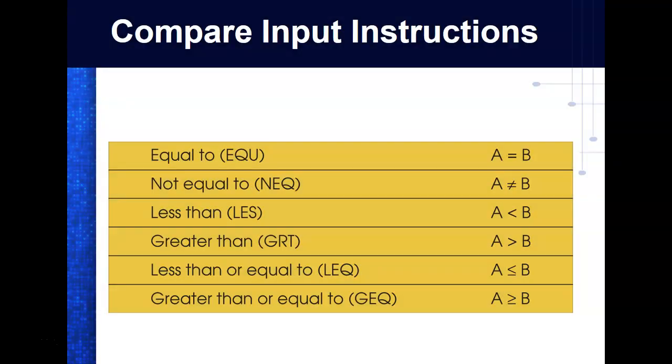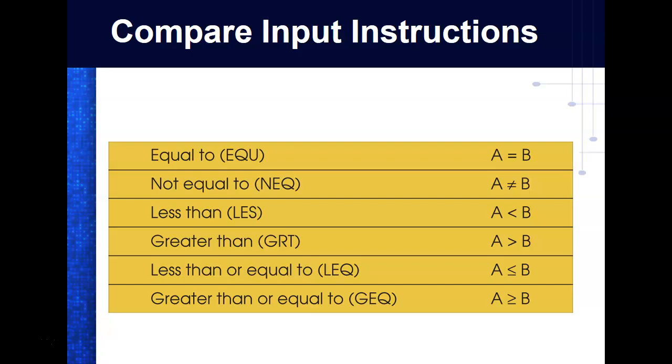So here we go, guys. Equal to. So A is equal to B. We're going to have a source A and a source B, right? A is equal to B. Then we can check to see if they're not equal. We can check to see if A is less than B. We can check to see if A is greater than B, right?